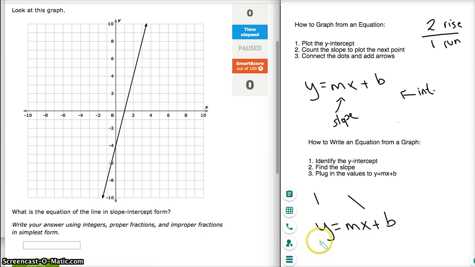And I say, okay, I found b is -4, so I'm going to do y equals mx minus 4, or plus -4. And now I need to find my slope, so I'm going to count my rise.